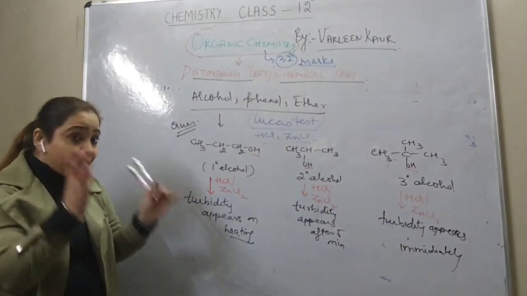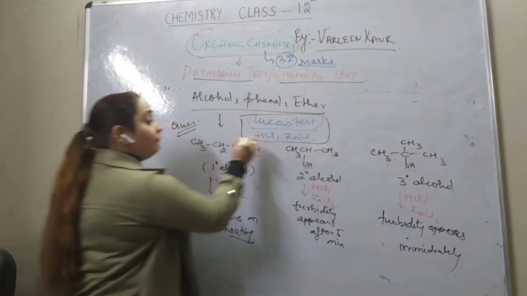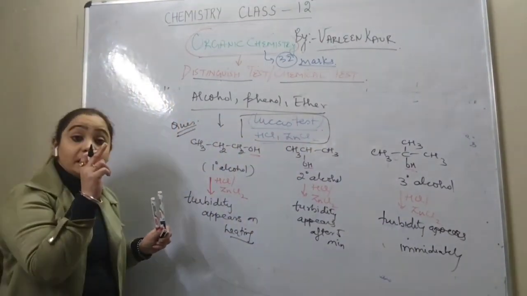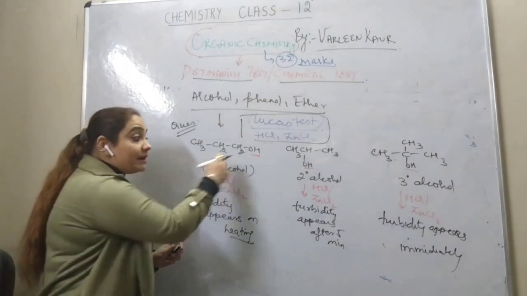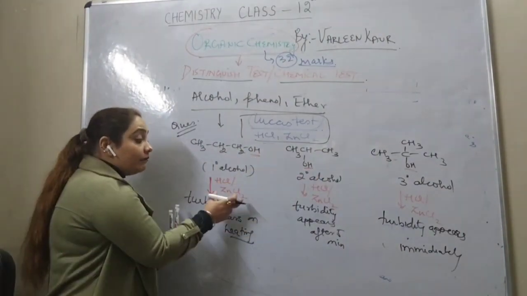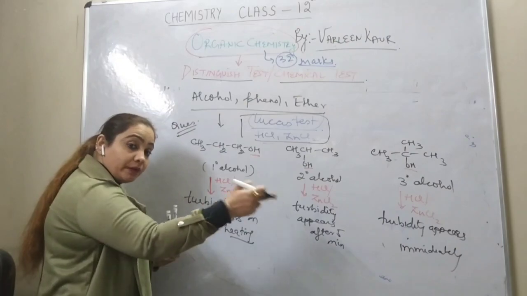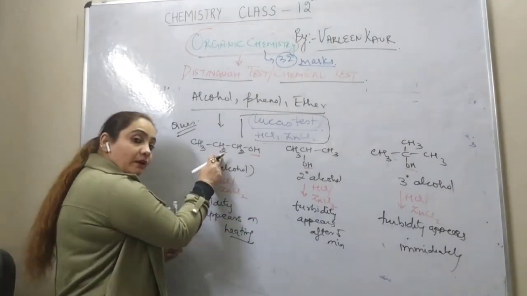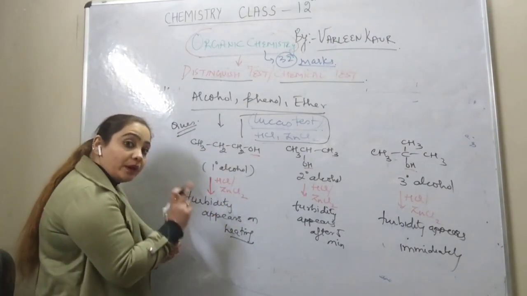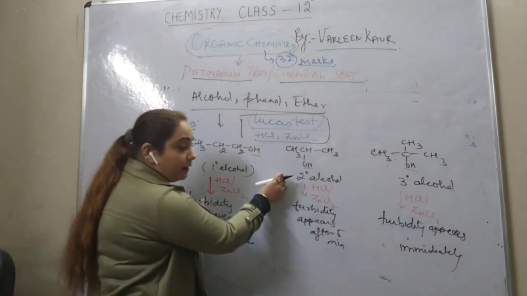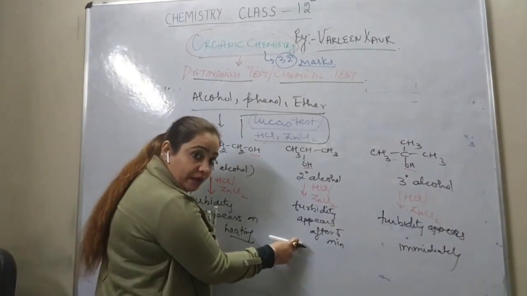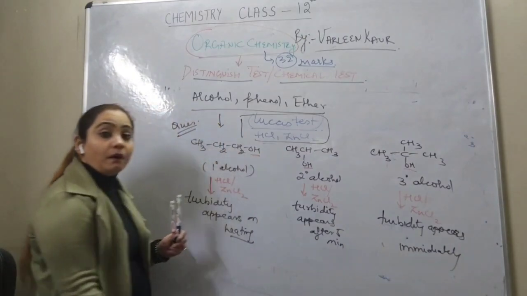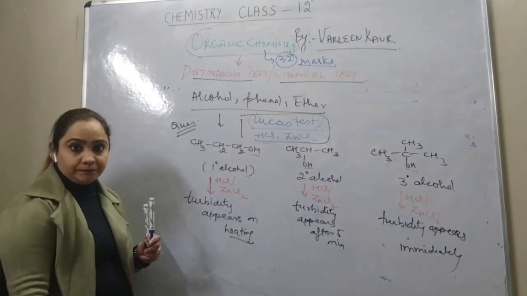So we have to remember the Lucas test for the different nature of alcohol: primary, secondary and tertiary alcohol. We have to apply the Lucas test in all the three parts. So what happened in primary alcohol? The turbidity appears only with heating. Here turbidity appears after 5 minutes, and in the tertiary alcohol turbidity appears immediately.